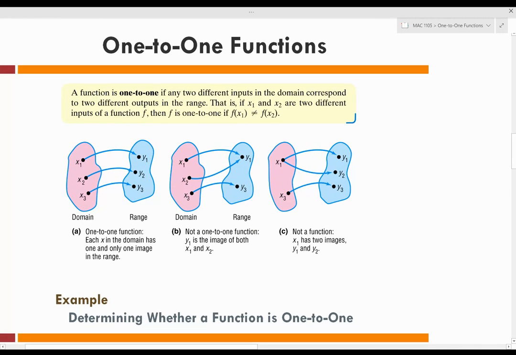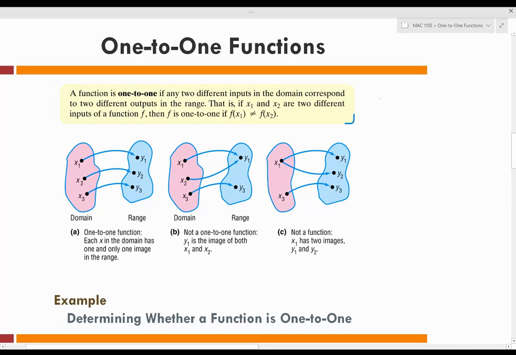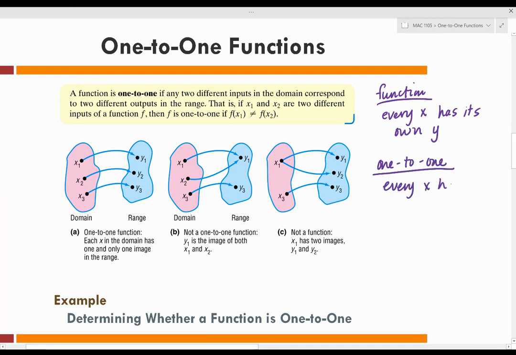So for a function, okay, every x had its own y, okay? For a one-to-one function, every x has its own y, and every y has its own x. Okay, so for a one-to-one function, no one cheats.